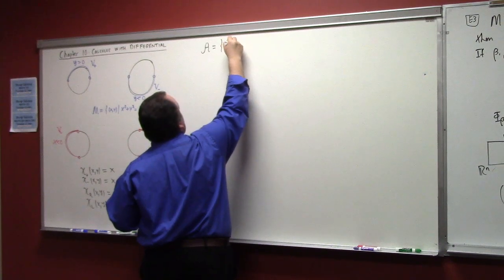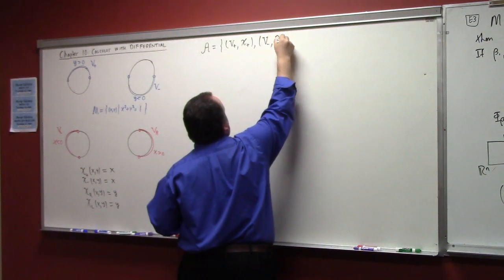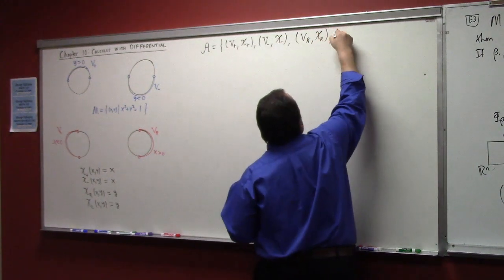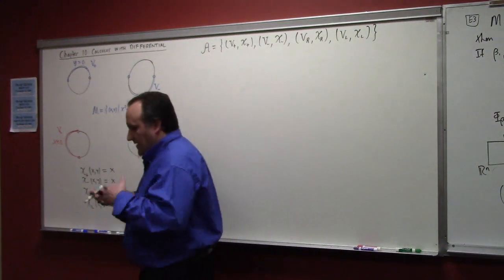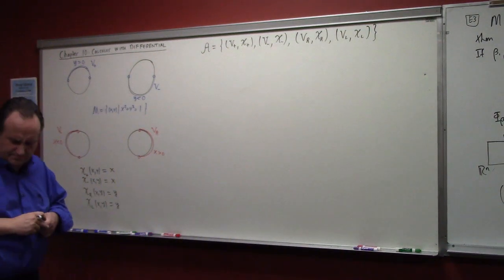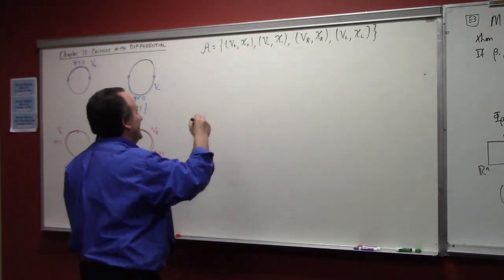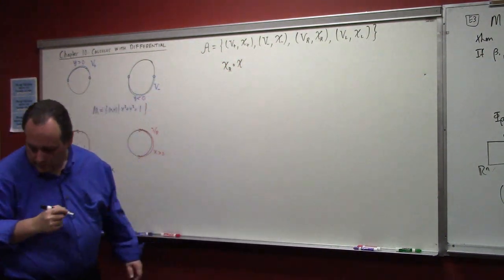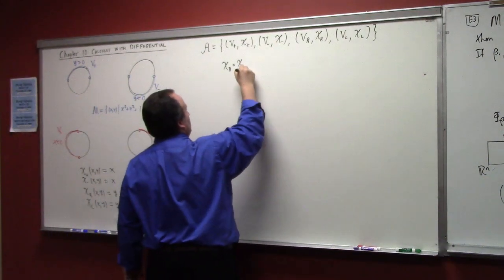And indeed the atlas here would be V plus, chi plus; V minus, chi minus; V_R, chi R; V_L, chi L. That's your atlas. And let's check compatibility. In a particular case, I'll follow my notes to keep myself out of trouble. We'll look at chi R composed with chi plus inverse.